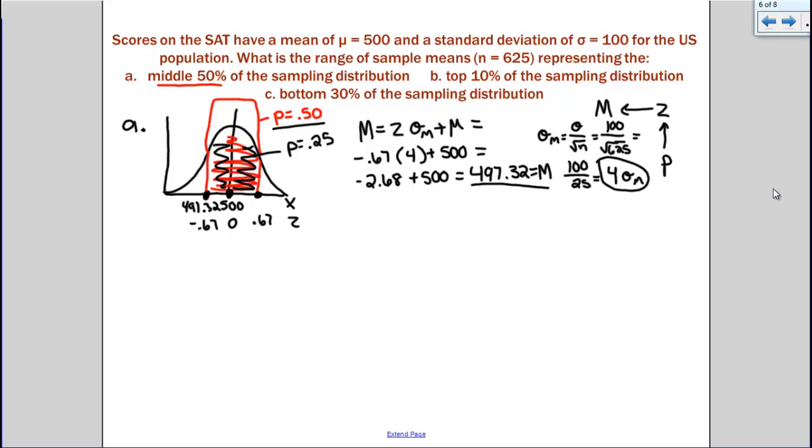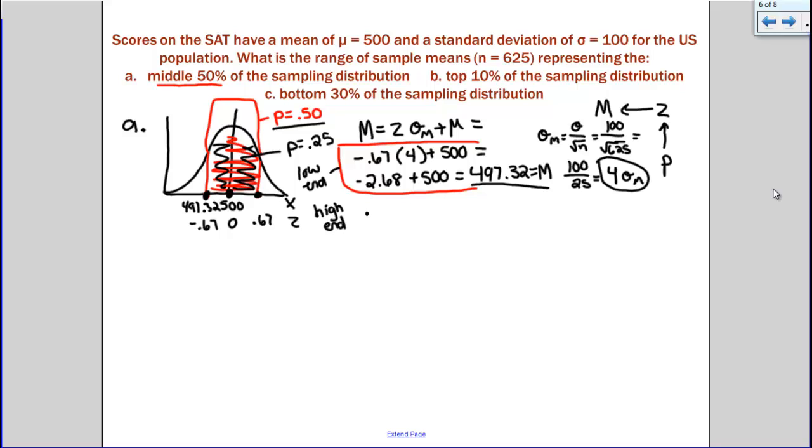Now let's find the mean that's on the high end. I'll put a little box around this one. So this is going to be the low end. Now let's do the high end.